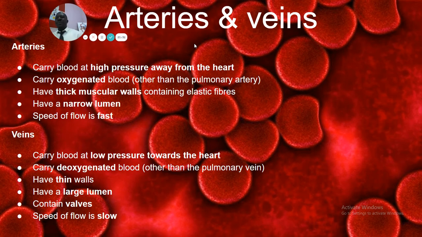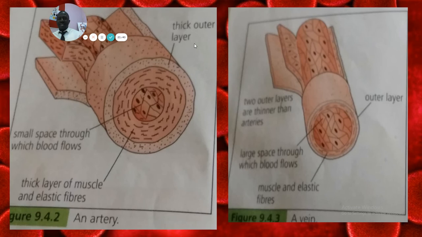Now, when we come to veins, arteries have a narrow lumen. Let me just talk structure. From here to this side, that is the thickness of an artery.